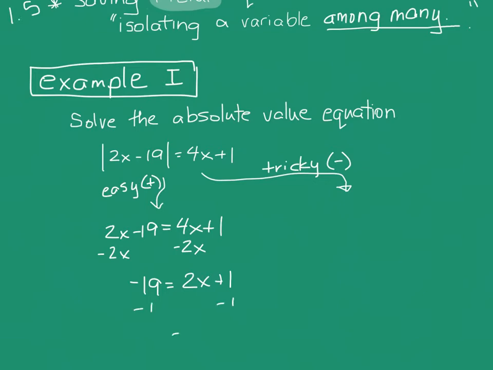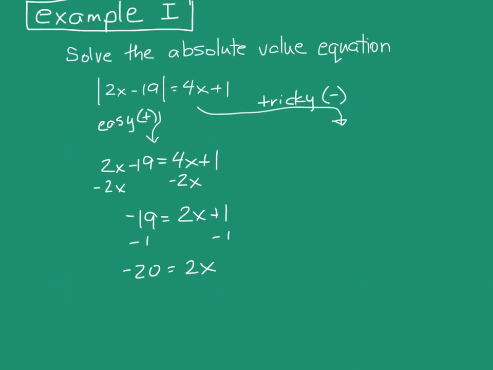Isolating further, the x, we drop the 1 by adding negative 1 to both sides, and I get 2x equal to negative 20. Finally, my last step, cancel the 2 by dividing by 2. Okay? And we get an answer of negative 10.